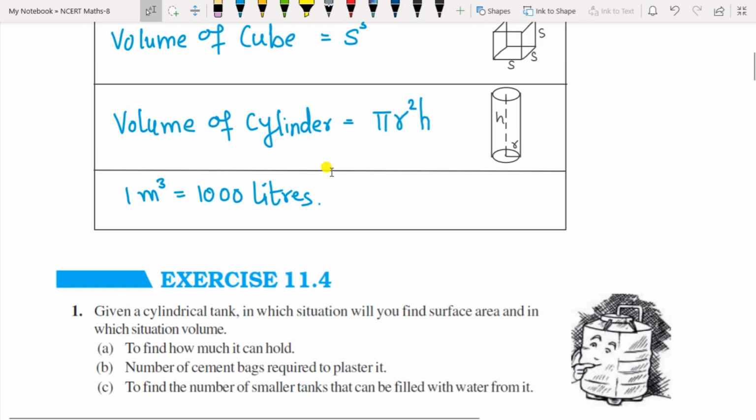For conversion, 1 meter cube equals 1000 liters, and also 1000 centimeter cube equals 1 liter. So these are the conversions that you must remember.